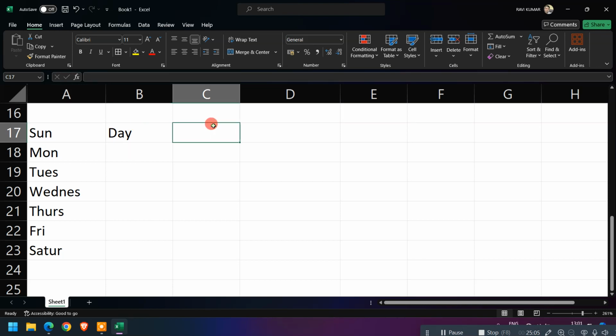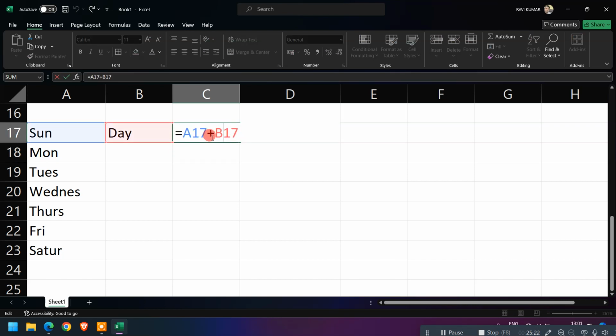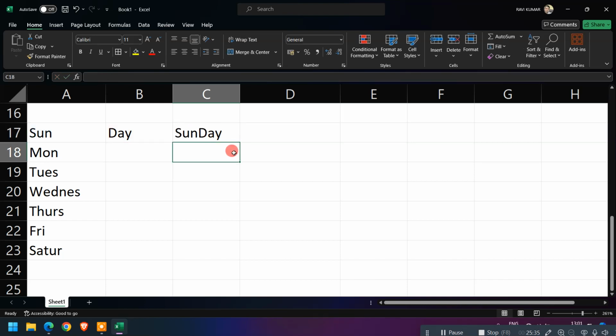First, give the equal symbol, then the cell references A17 and B17. You can't use the plus symbol here because plus is an arithmetic operator. You can use ampersand, which means the and operator. So it will be concatenated as Sunday.